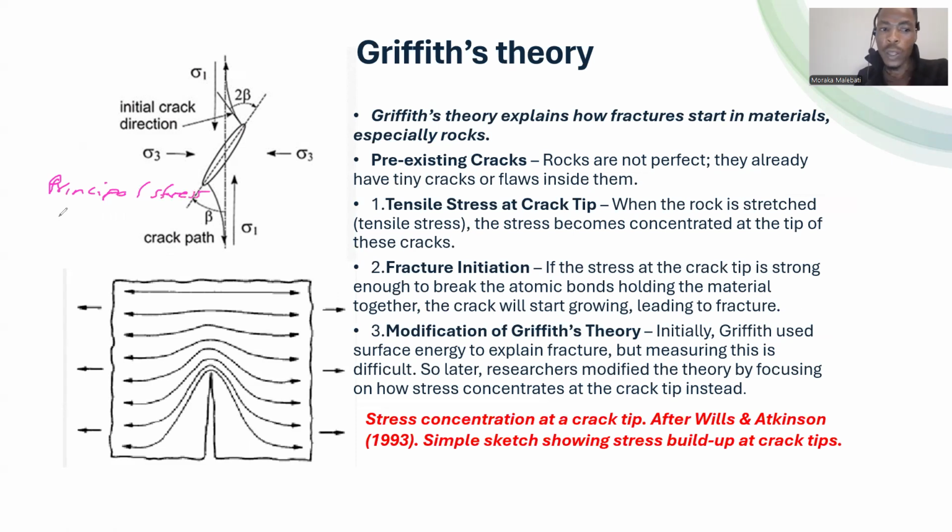The principal stress will be this, which is the maximum principal stress acting vertically. And then we also have this one, which is the minimum principal stress, which acts horizontally.